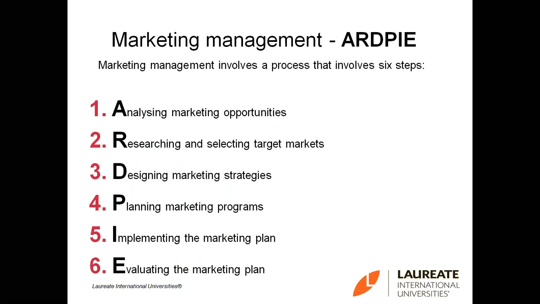You can also refer to the American Marketing Association's definition of marketing that we discussed before. Based on that definition, we know that there are a few words in there that include create, communicate, deliver value for customers.